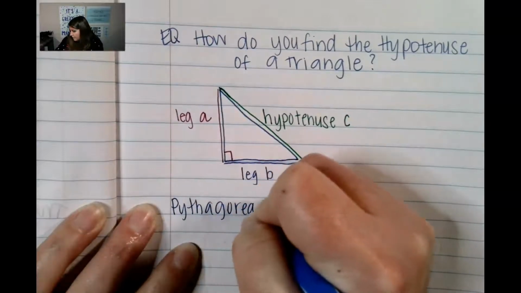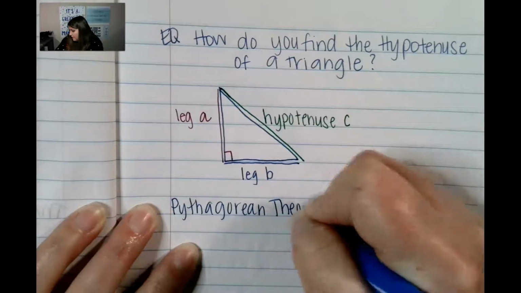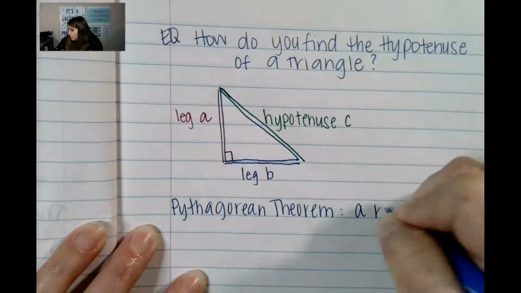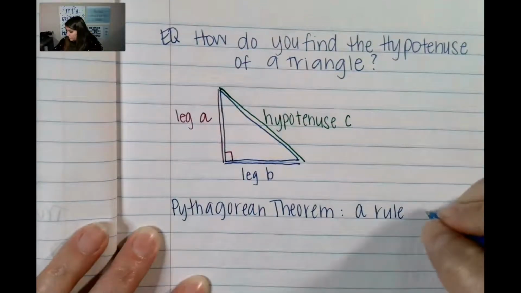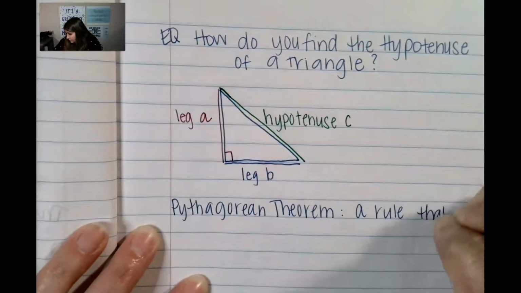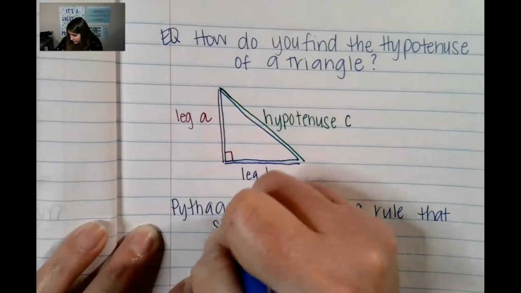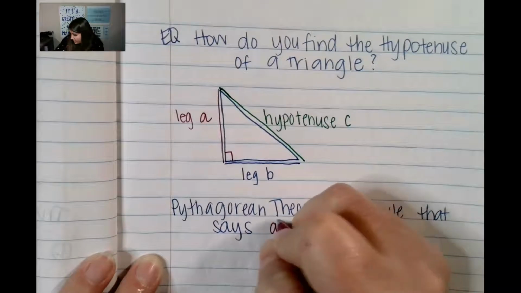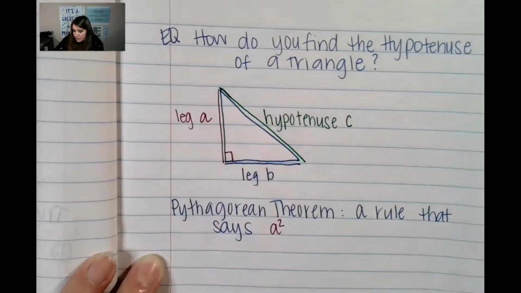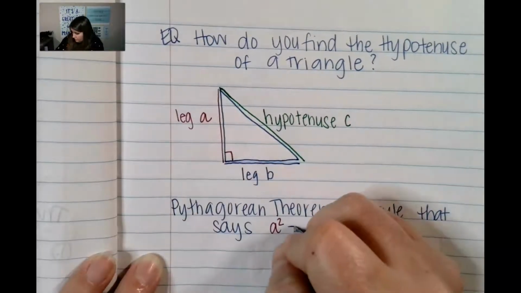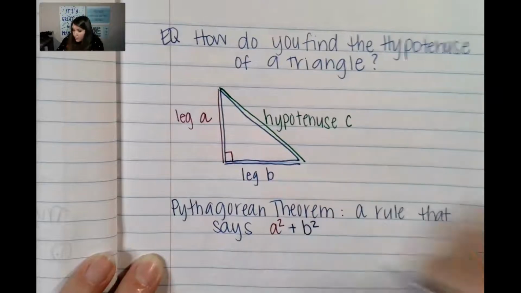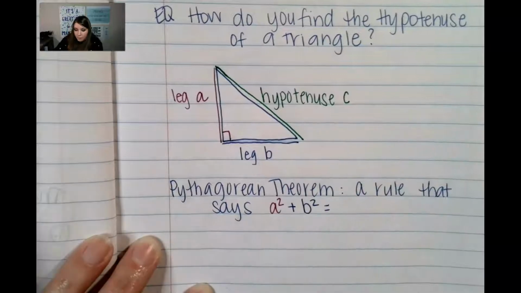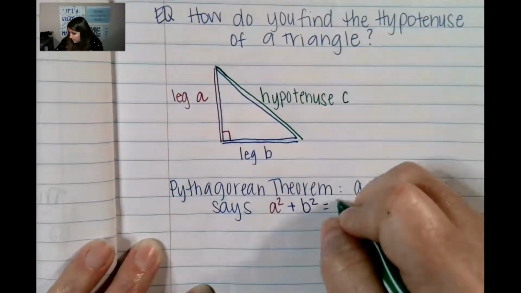Pythagorean Theorem is a rule that says leg A, so A squared plus leg B squared is equal to our hypotenuse squared.